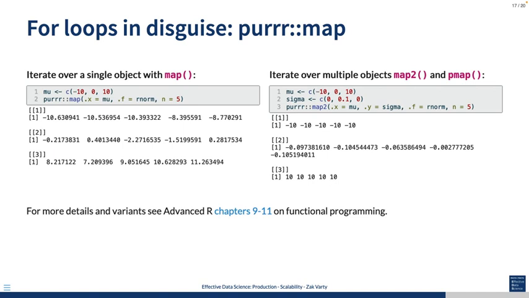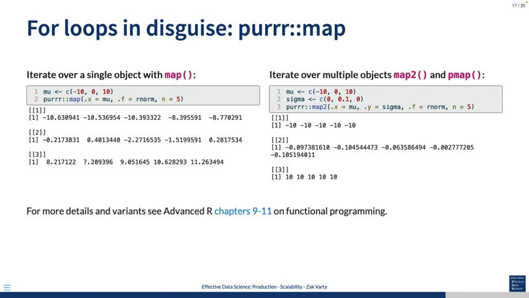The most basic of these is the map function, which takes a single first argument that's called .x and a function .f that we want to apply to it, as well as any additional arguments that we're passing to that function. So in the left-hand example, we can see that we're generating 3 sets of normal random variates, each of length 5, where the first set has a mean of -10, the second set has a mean of 0, and the third set has a mean of +10.